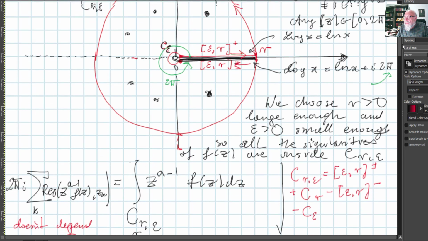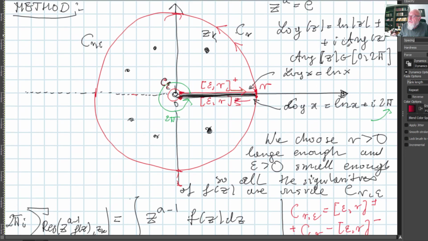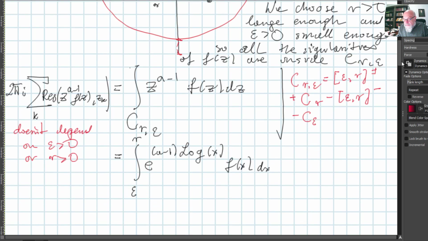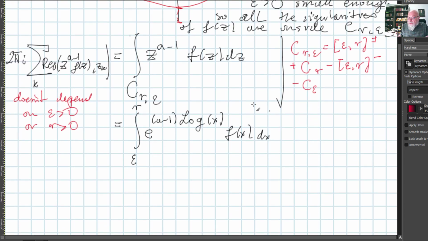Looking at the definition, the log here is on that side, which is just the simple natural logarithm, so this is nothing else than ln of x. On the other side, let's go to the next one: plus the integral over C_R, again z to the a minus 1.